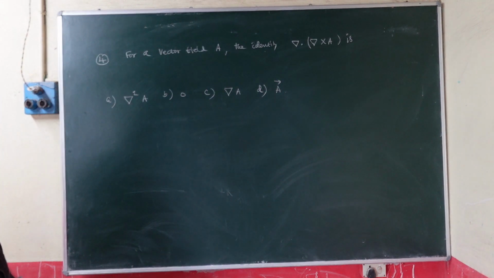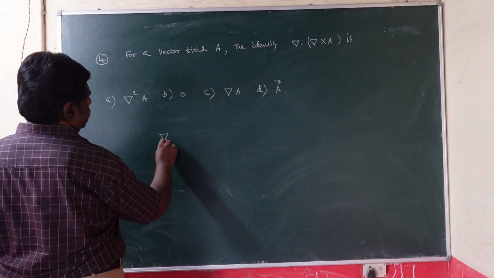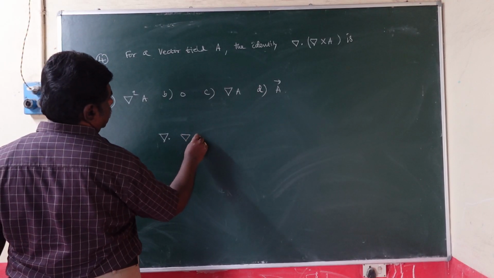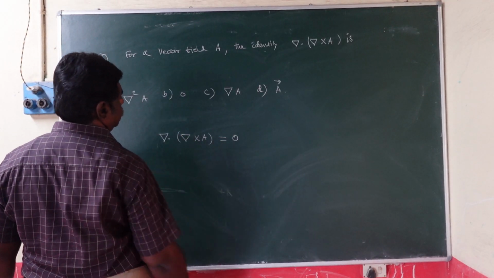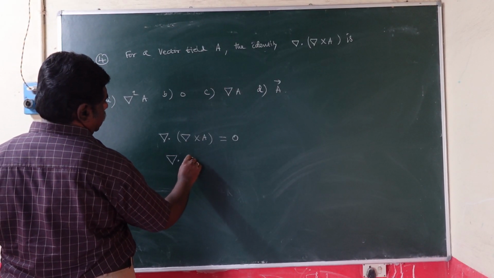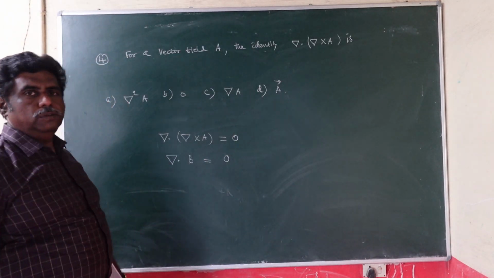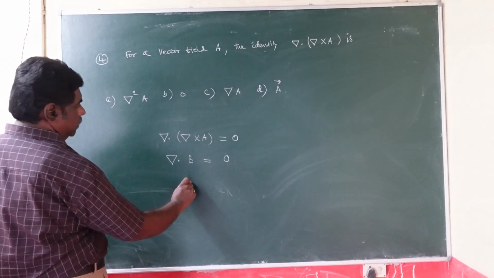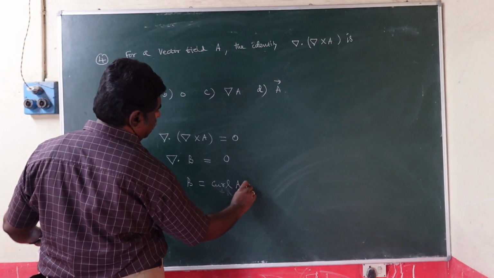Divergence of curl of a vector is equal to 0. Del dot curl A equal to 0. You know that Gauss law in magnetism, div B equal to 0. Therefore, B equal to curl A, curl of the vector potential.